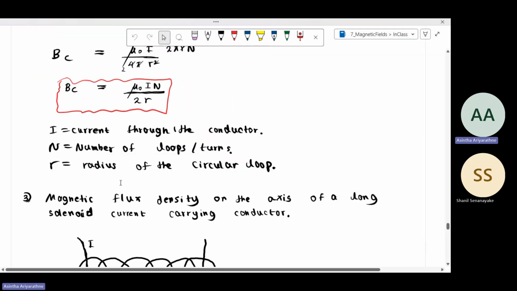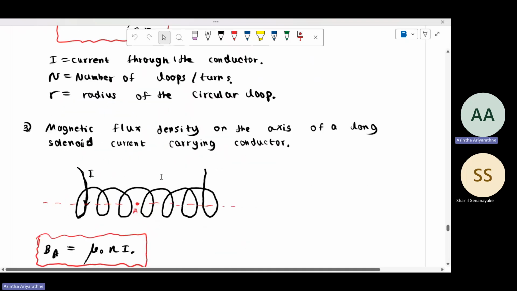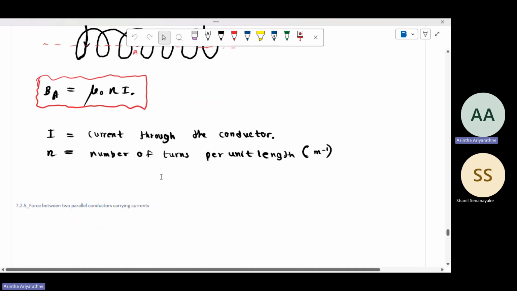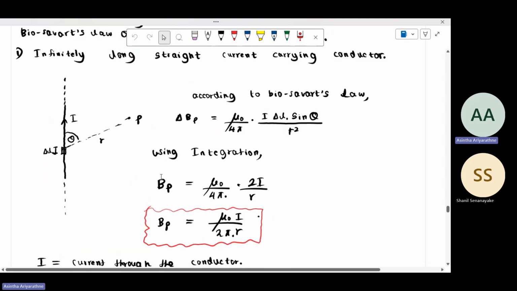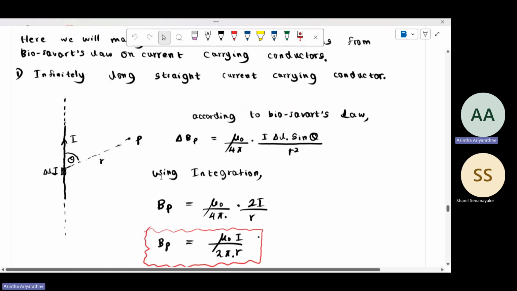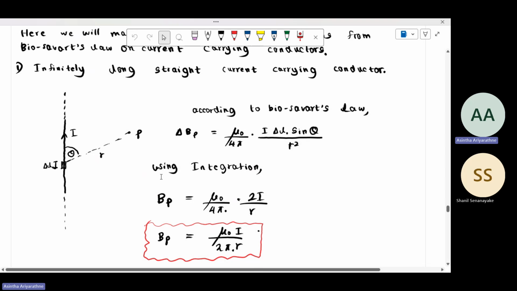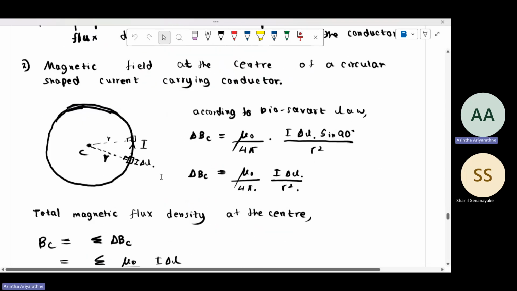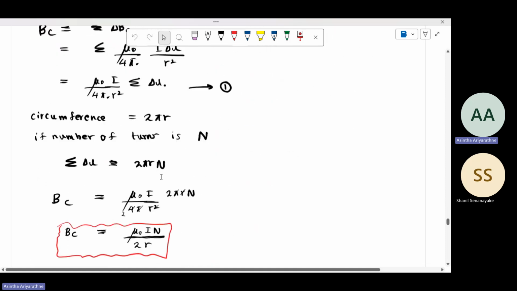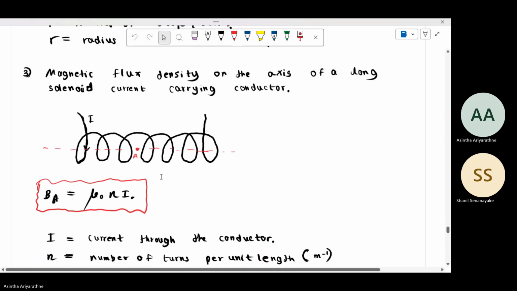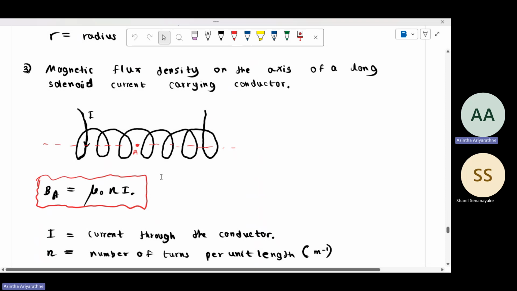I hope you have some idea about how to use these expressions that we learned today for the magnetic flux density near an infinite long straight current carrying conductor, the magnetic flux density at the center of a circular loop, and the magnetic flux density on the axis of a long solenoid.